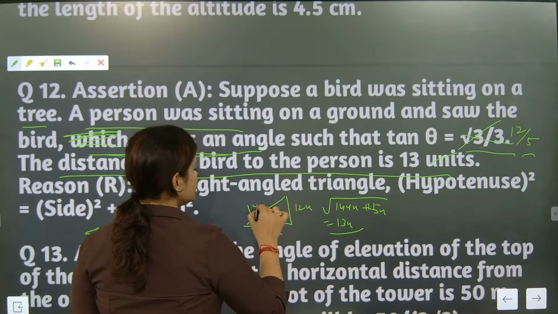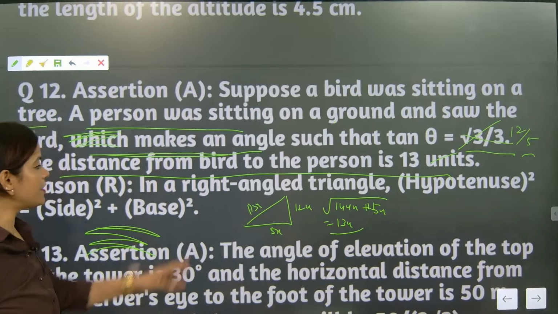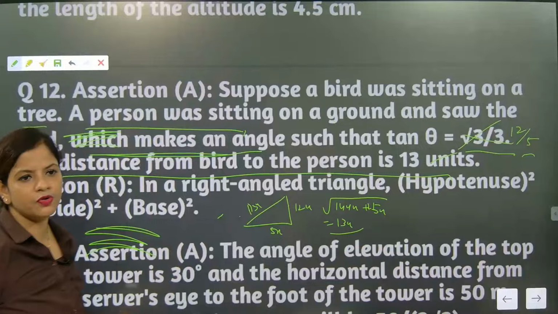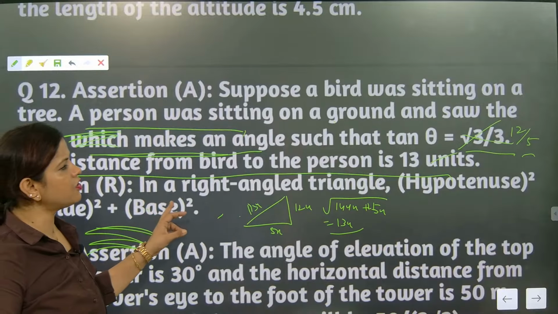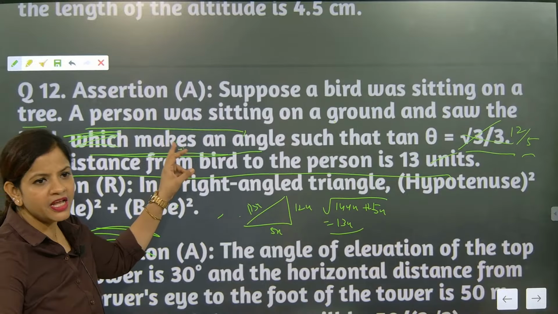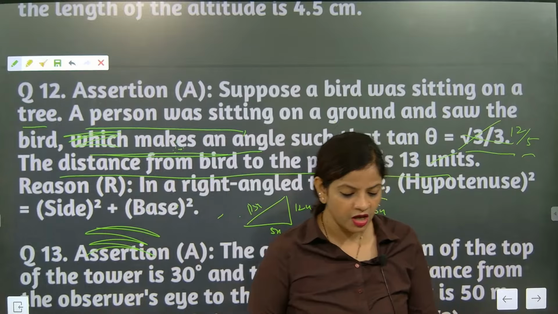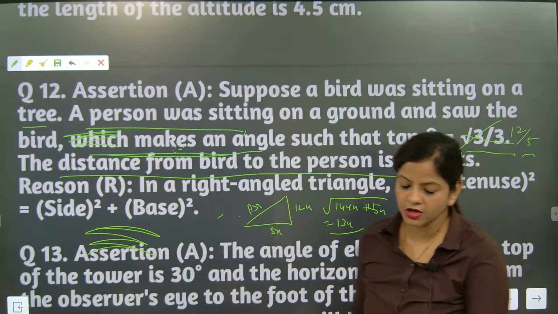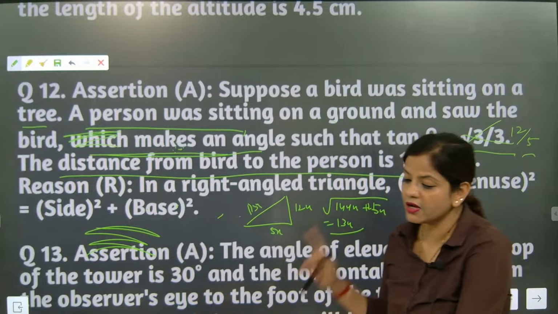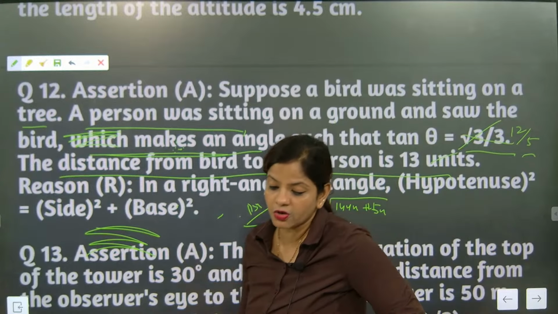So 13x is this part. Got it? So assertion will be true, reason will be true, and the reason is explaining the assertion, because you are actually using the Pythagoras theorem. Which theorem are you using? Pythagoras theorem. So the answer will become A.